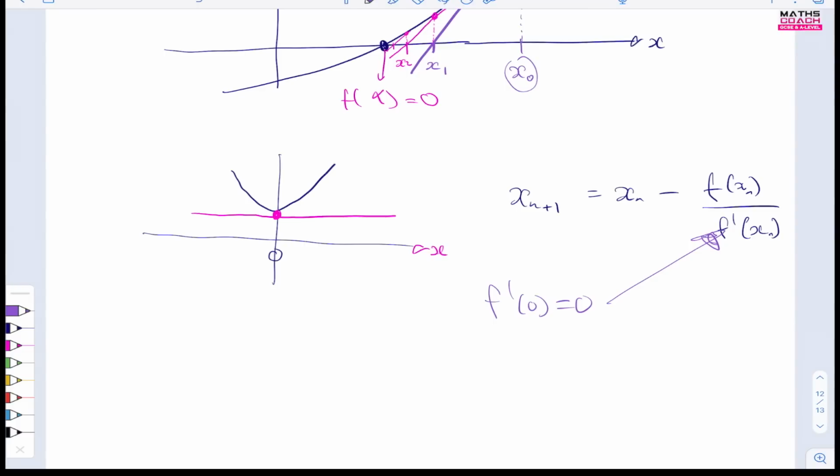One explanation is that at x equals 0 you get a tangent that's parallel to the x-axis, which never crosses the x-axis. Therefore, we will not get a second iterative value. And another explanation is that f dash of 0 is 0, and in the Newton-Raphson formula, you're dividing by f dash, which means you're dividing by 0 in that case, which is not valid.